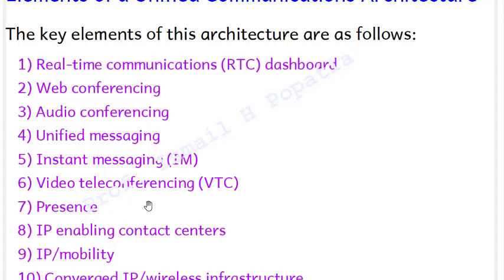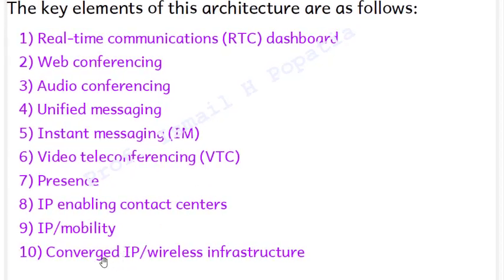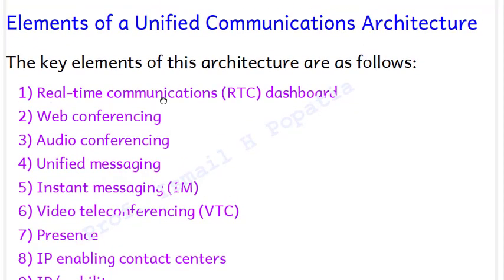Then we have the presence service, the capability to determine in real time where someone is and how that person prefers to be reached. So we can find the presence of an employee, for example. Apart from this, we have IP enabling contact centers, IP mobility and converged IP wireless infrastructure. These are the various key elements of unified communication.